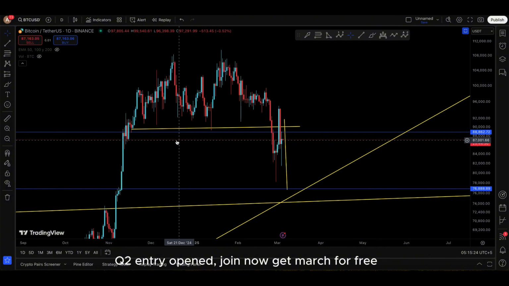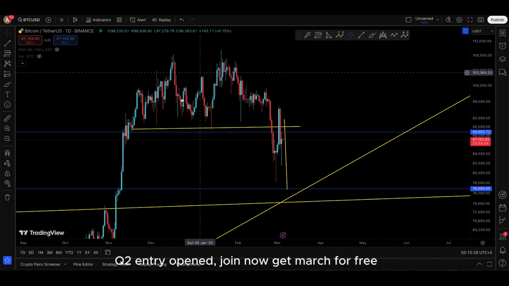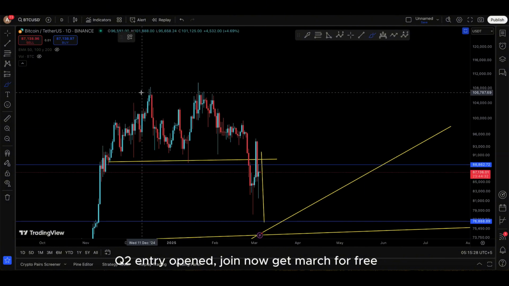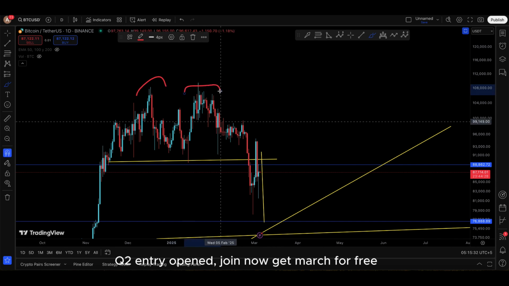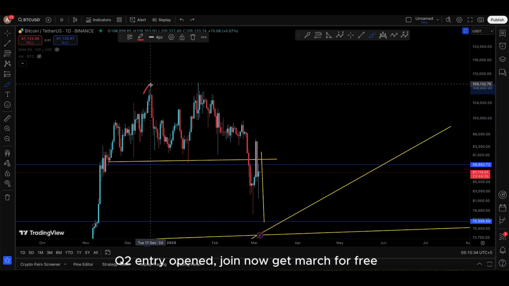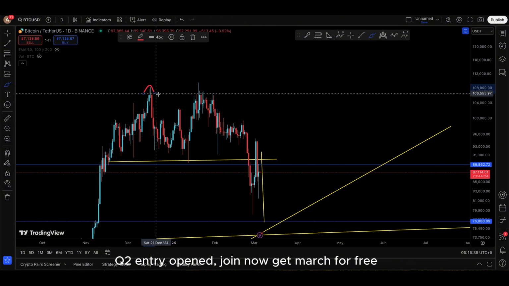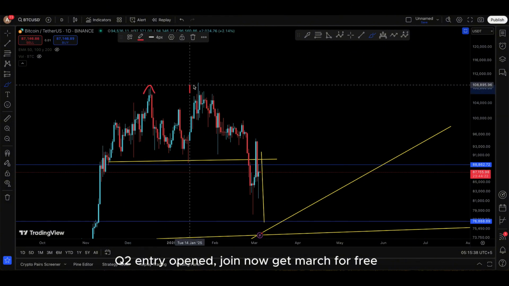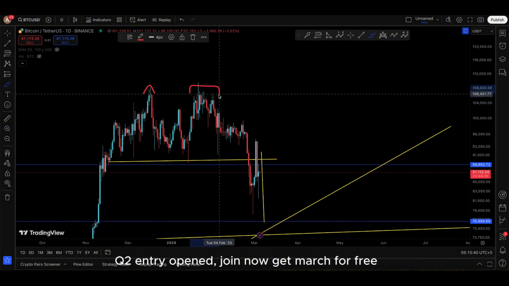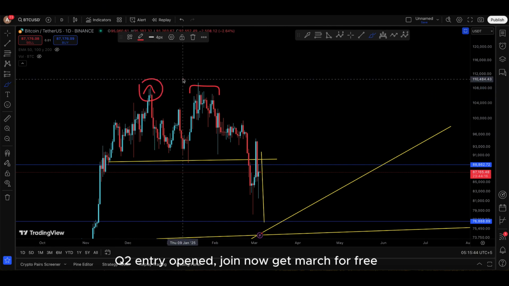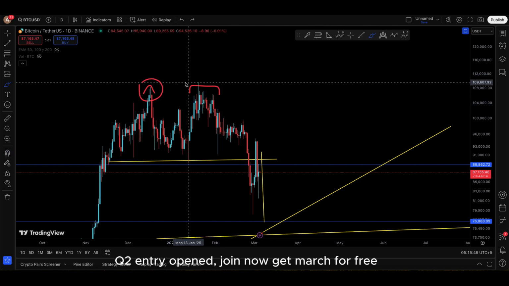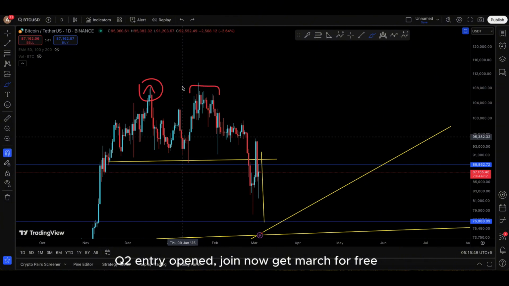So what I do see is the following: Adam and Eve double top, right? So you have this one top, this very large top. So basically when you have a narrow, which is a very, very simple top, and a wide, right? So this is wider, and you can see this is Adam and this is Eve. So why is it called Adam and Eve? All right, here it is.